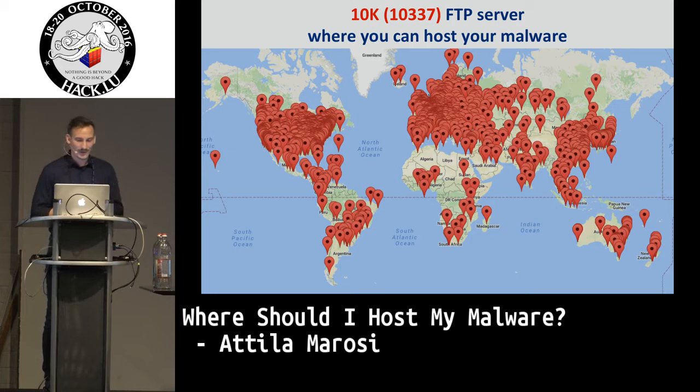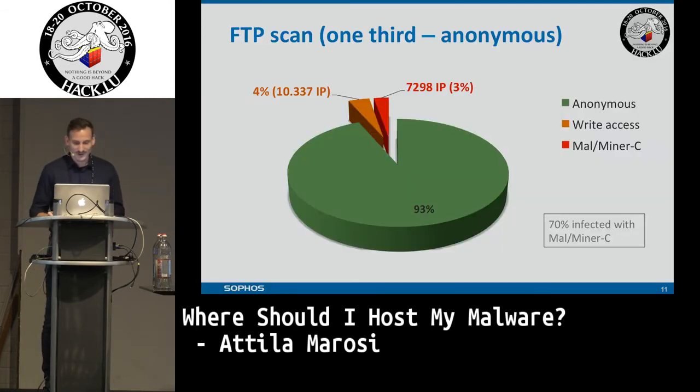So you have 10K new IP addresses to host anything you would like to. I think I don't have to mention that there is so much public data, or sorry, personal and privacy data, which could also be downloaded or hijacked in this way.